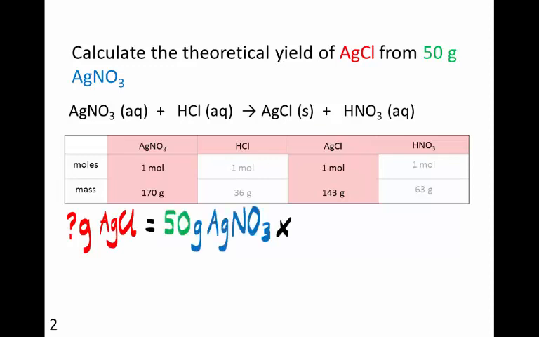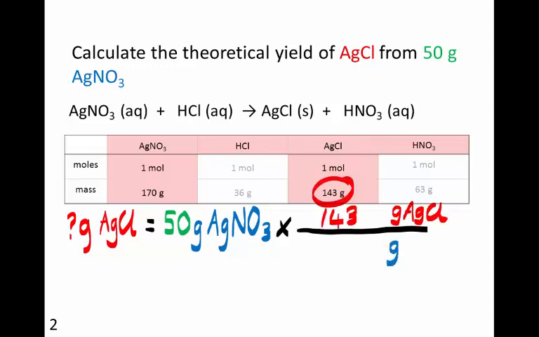We need to multiply this by a conversion factor which we get from the reacting ratios. We need to have grams of silver chloride at the top, and we must have grams of silver nitrate at the bottom to cancel away that unit. 15 multiplied by 143 divided by 170.